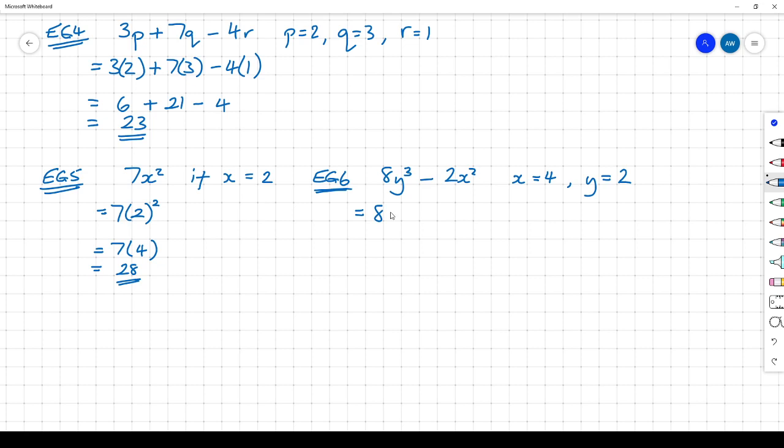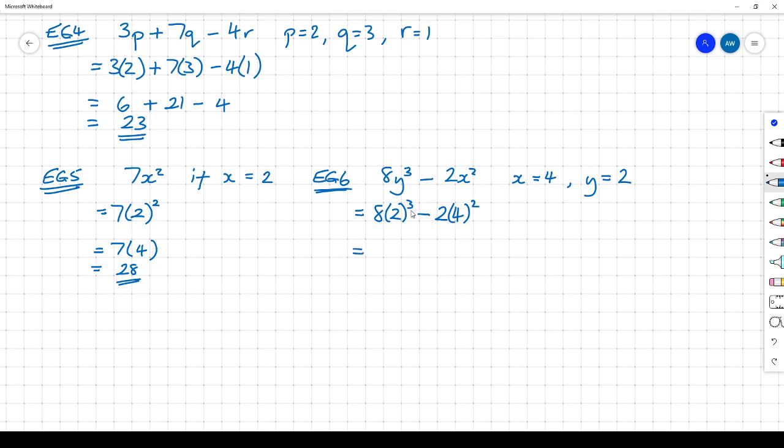What do we do? Instead of the letter, put a pair of brackets. If we've got a power, that goes outside there as well. So instead of 8y cubed, we now have 8 times 2 cubed, because y was 2. And the same with the 2x squared: put a bracket instead of the x, with the squared outside, and replace the x with its value of 4.